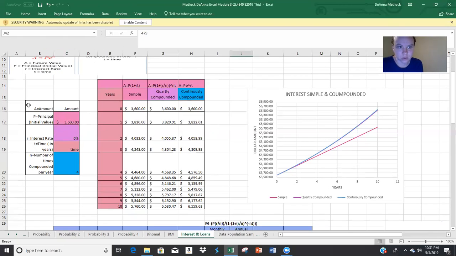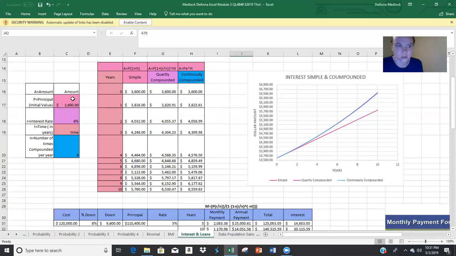So here we showed a principal initial value of $3,600. Our interest rate was 6%, and it was compounded 4 times per year. So we paid interest 4 times a year on this one.